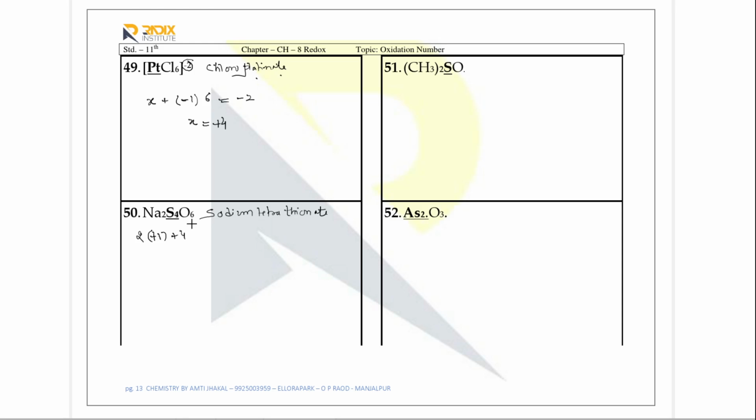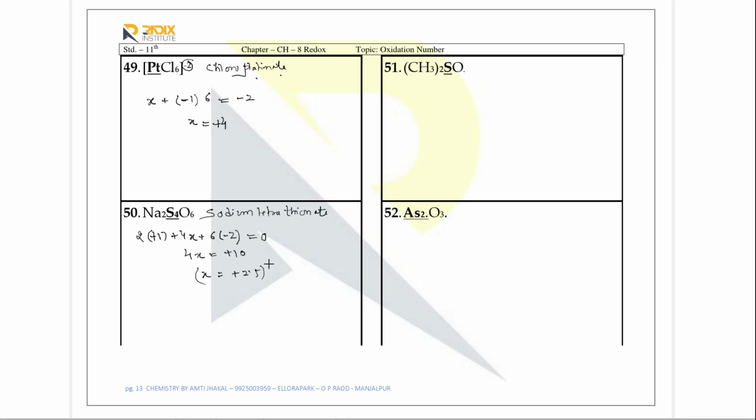Sulfur oxidation state is X. Oxygen oxidation state minus 2. And sum of all oxidation numbers will be equal to 0. We get 4X is equal to plus 10. So X is equal to plus 2.5.